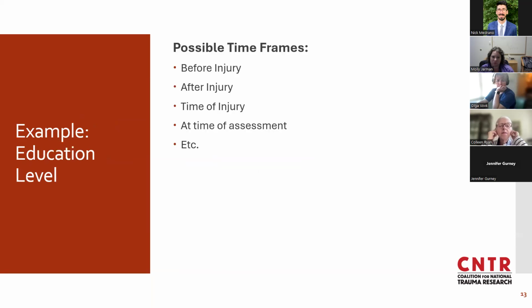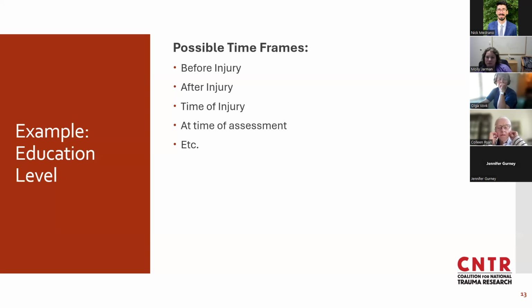So as an example of why we need to look at this, education level. This group looked at education level. There was some feedback about making sure that the education level was before the injury. And you can see how if we want that specificity in the CDE, we could potentially be creating many, many CDEs. We could have a before injury education level, an after injury education level, an at time of assessment education level.